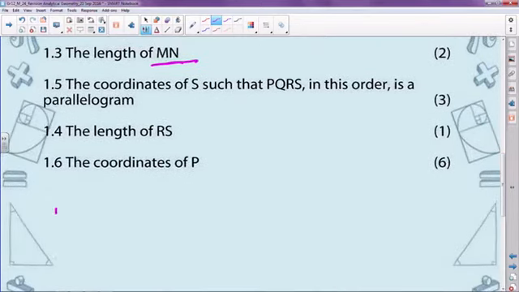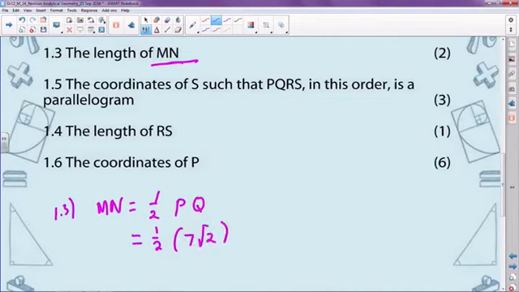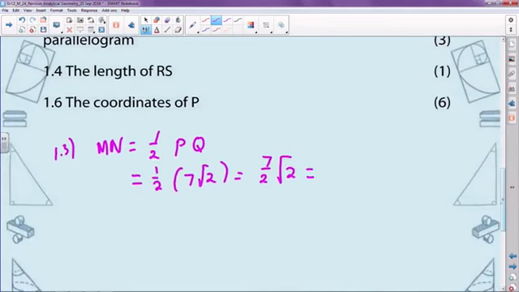Okay, so the length of MN, well, we know that from the midpoint theorem, MN will be half the length of PQ. So it's half of 7 square root 2, 7 over 2 times the square root of 2. And we can then just work that value out on our calculator.